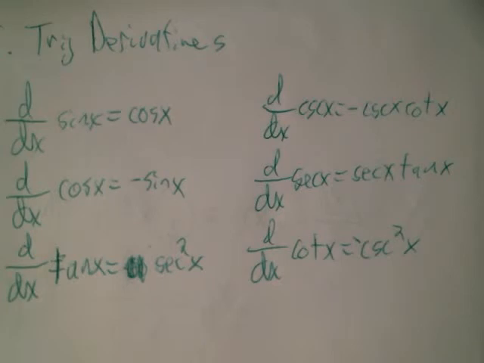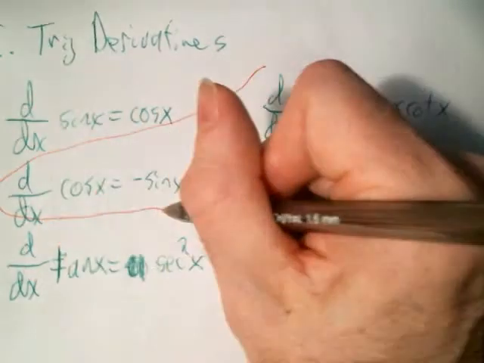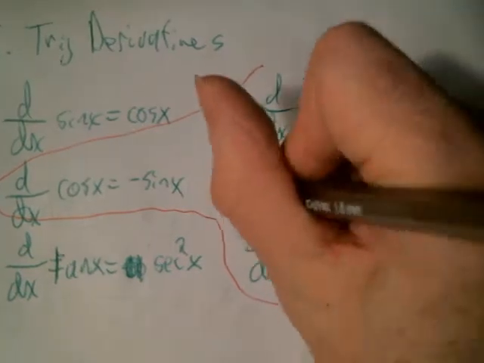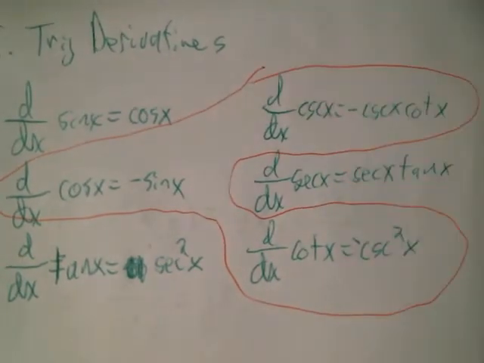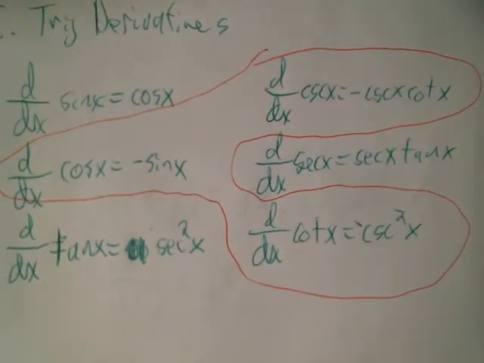Hopefully you note the pattern of the negatives. It's like these guys are negative, and the other ones are positive. You need to have this memorized. It should be automatic. So memorize.